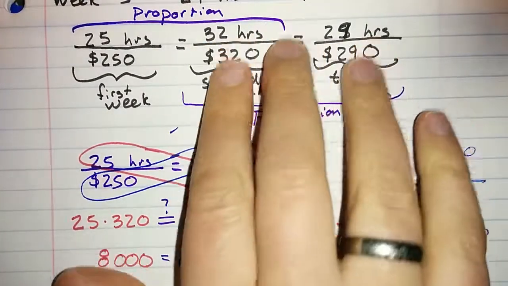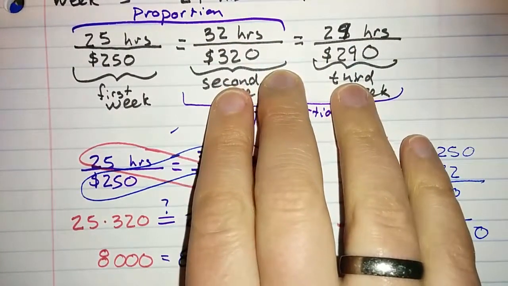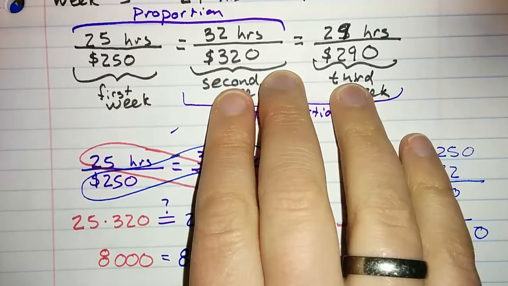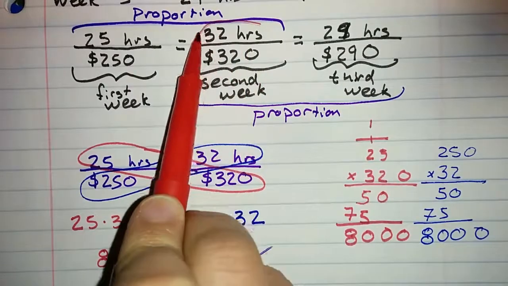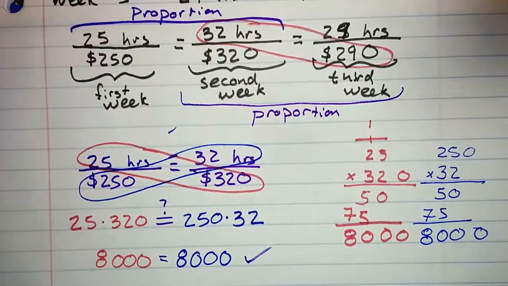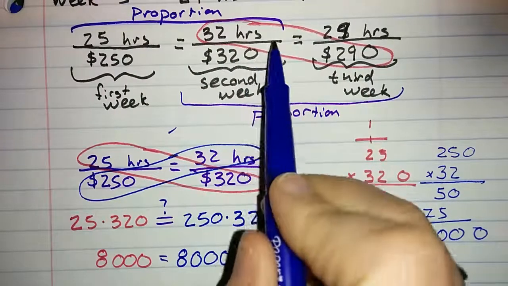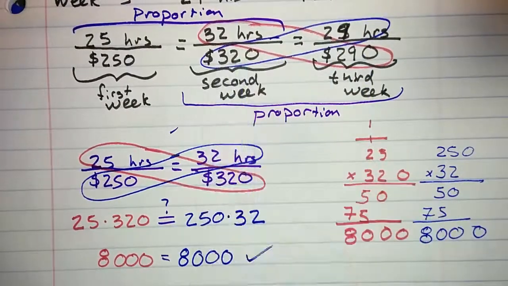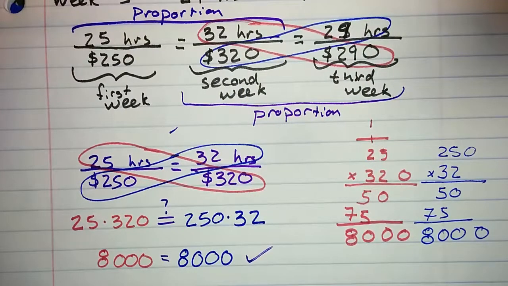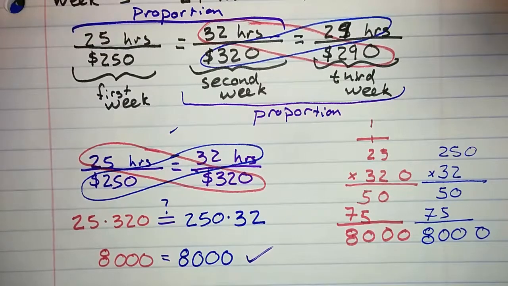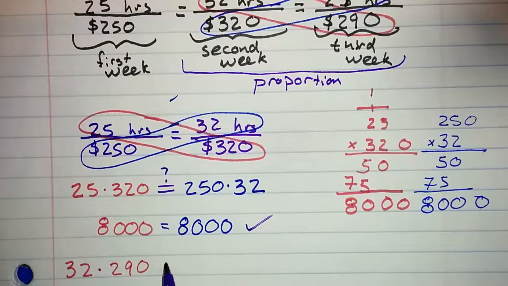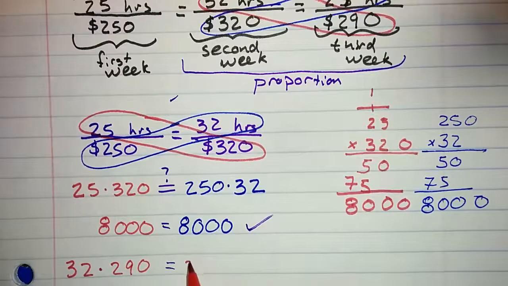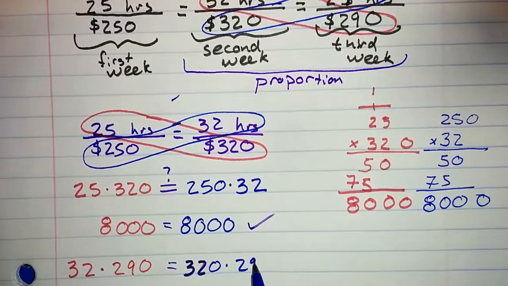I'd like you to try on your own to check this proportion. Pause the video and try it now. I think that here the cross products we'll get are going to be 32 times 290, and we'll want to see, is that equal to 320 times 29?